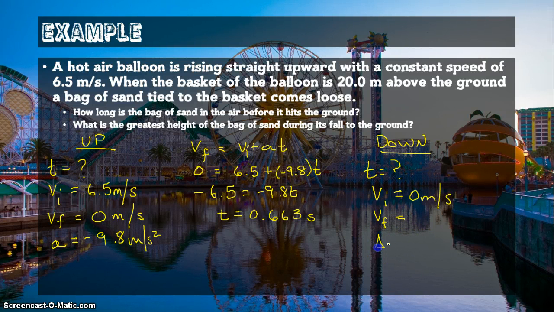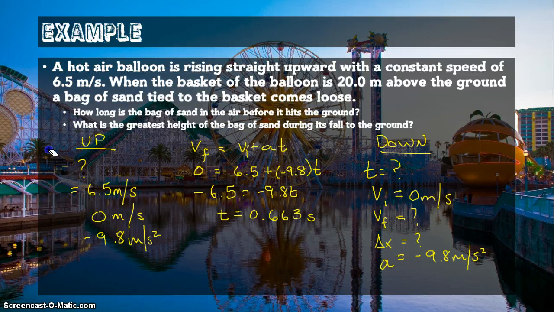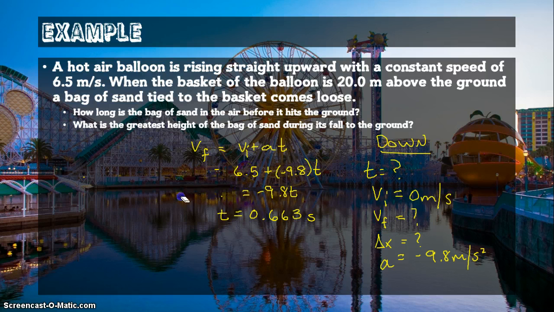We also, because of that, don't know the displacement yet. All we know right now is the acceleration, which is still negative 9.8 meters per second squared. Let's go ahead and erase this. We want to keep our t up there.